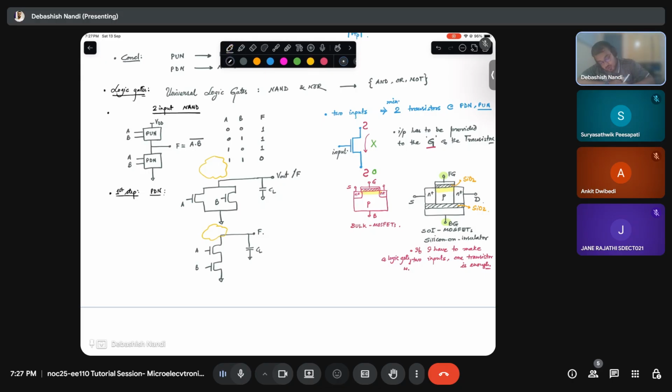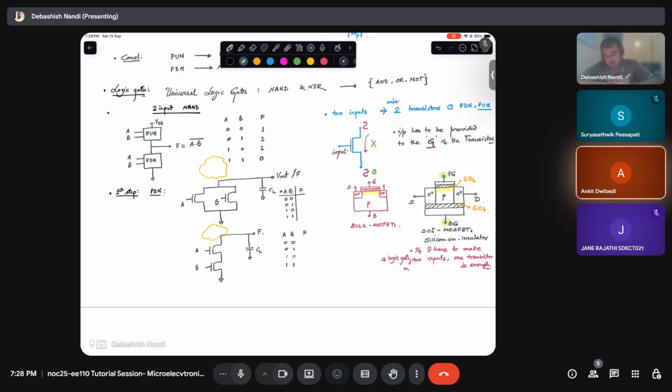So can you write the truth table for this, let's say A, B, F, and in this case A, B, F. Let's do this one first. So what will be the logic? If both my transistor inputs are 0, 0, then what is the status of the MOSFETs? Both will be on or off?